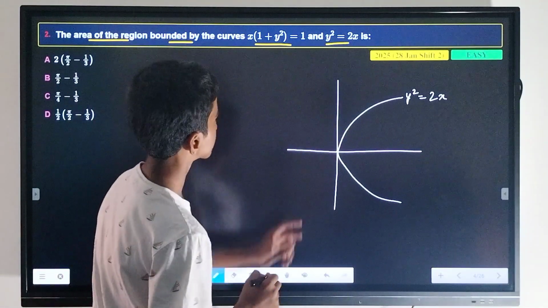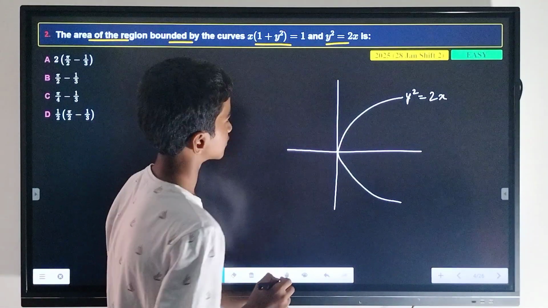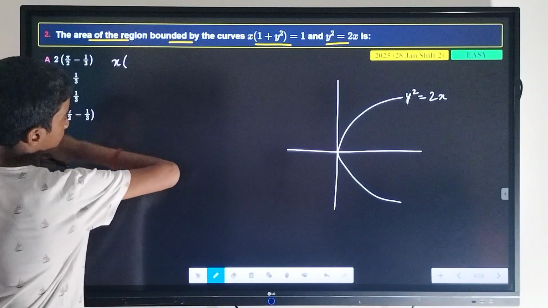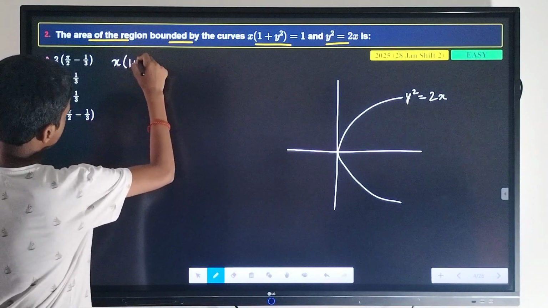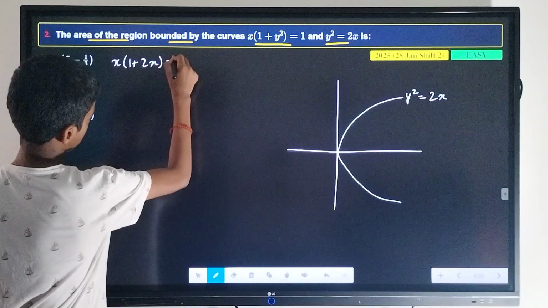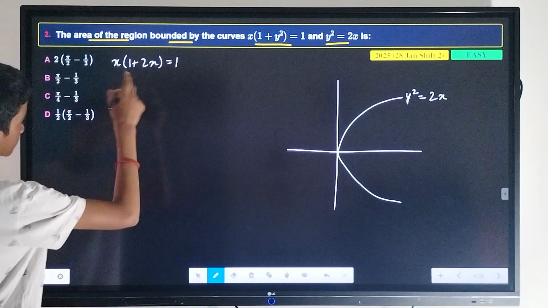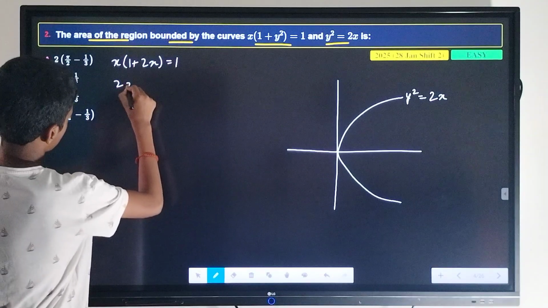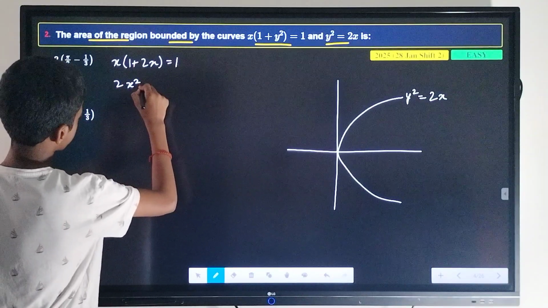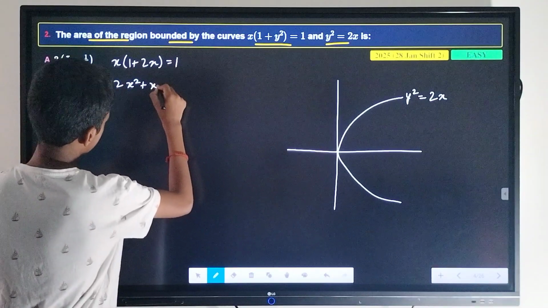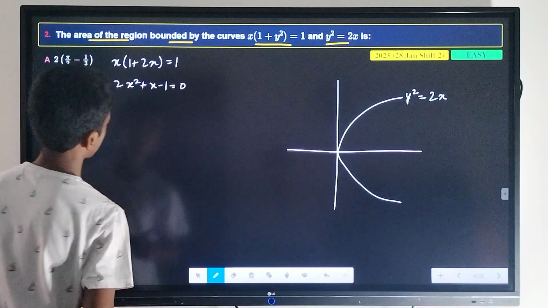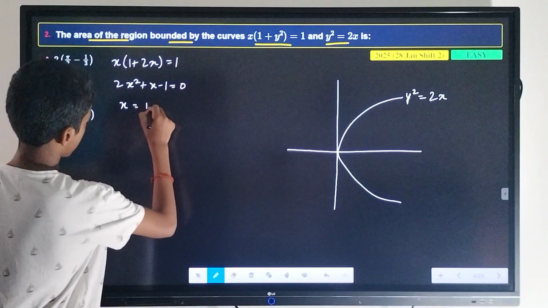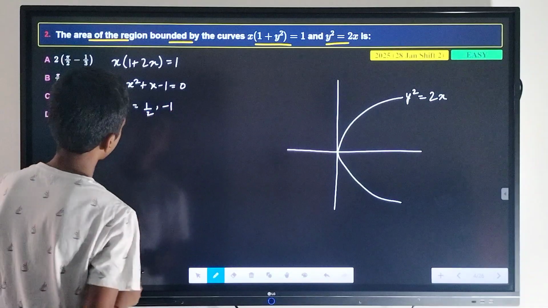Now first of all let's find the intersection points of these two curves. So this will be x multiplied by (1 plus 2x) is equal to 1. From here we will get 2x square minus 1 is equal to 0. From here we will get x is equal to 1 upon 2, comma, minus 1.